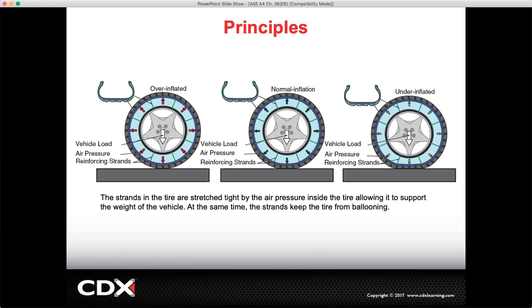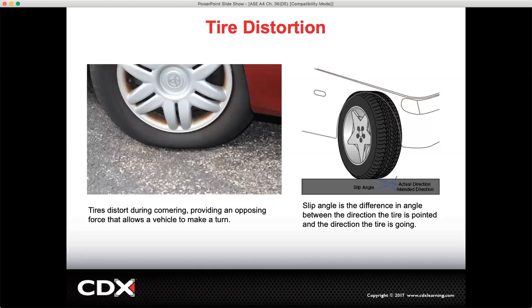The air pressure gives the tire its shape when the weight of the vehicle is sitting on it. During cornering, centrifugal force acts on the vehicle to produce a side force. The side force is the pressure on the wheel that pushes it towards the outside or the inside of the rim as the vehicle makes a turn.